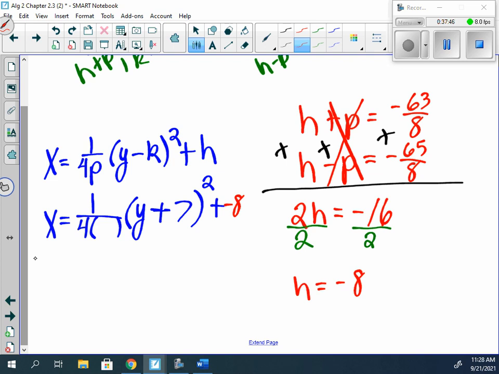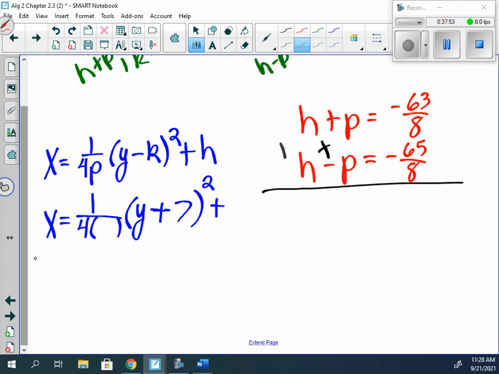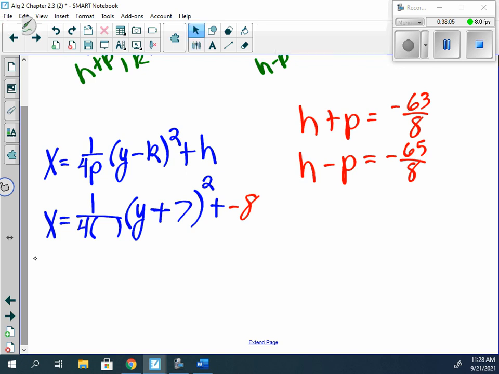Okay. I know it erased it. I'm going backwards. I want to get back to this here. Now, we already filled in the fact that we would have minus 8 here for h. Wait a minute. Aren't both of these equations in terms of h and p?